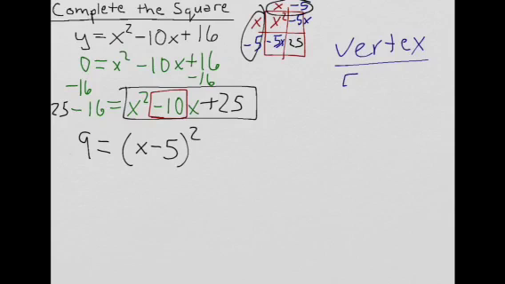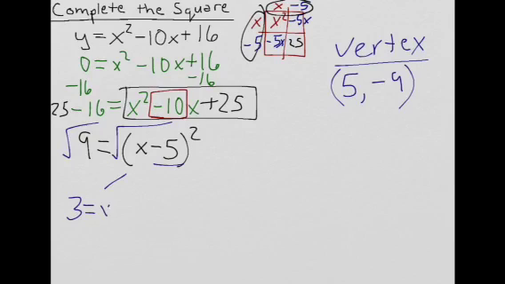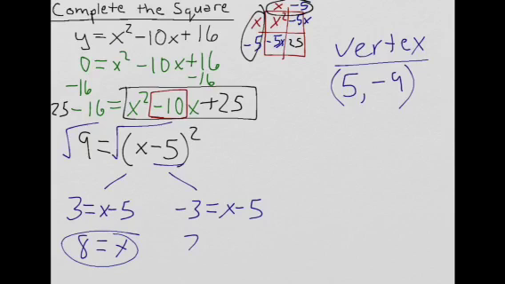So we've got positive 5 for an x value and negative 9 for a y value. And from here we just finish the problem by square rooting to look for roots. So we get 3 equals x minus 5 and negative 3 equals x minus 5. Add 5 on both sides and you should get 8 equals x and 2 equals x.